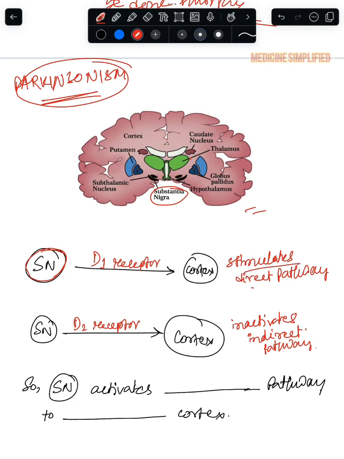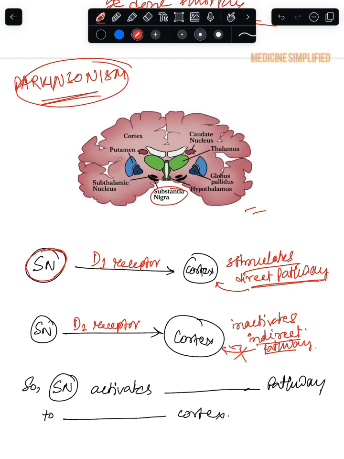So what does the direct pathway do? The direct pathway stimulates the cortex, which the substantia nigra does via the D1 receptor. And what does the indirect pathway do? It inhibits the cortex, but the D2 receptor causes inactivation of this indirect pathway.